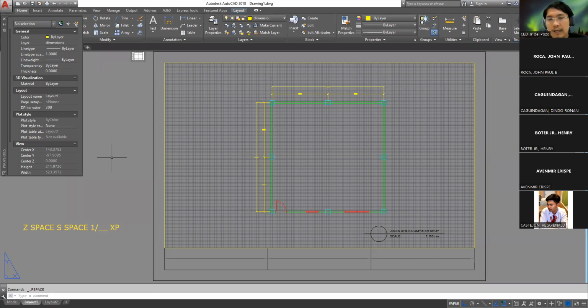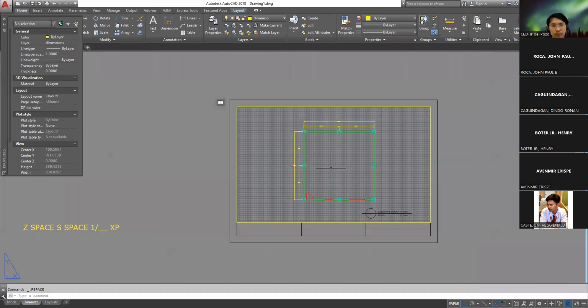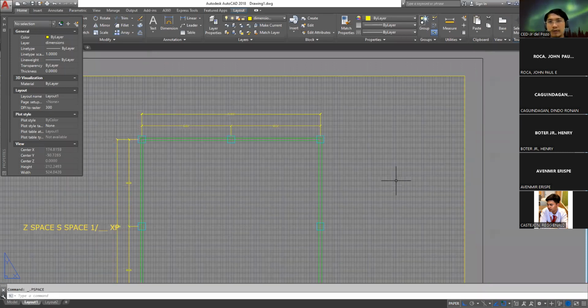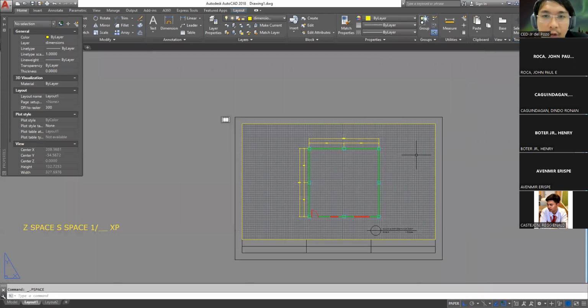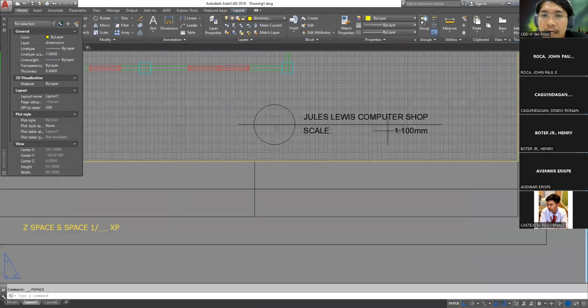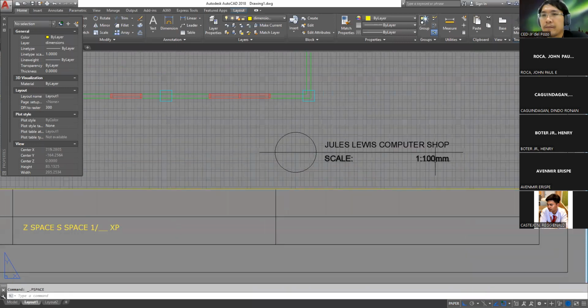So i-consider din natin yung mag-i-implement. Okay? So for example, ito yung room at na-scale mo siya ng 1:100. Then ang gagawin mo sunod is ilagay dito yung scale para ako as reader nyo, alam ko kung ano yung scale na ginamit nyo.